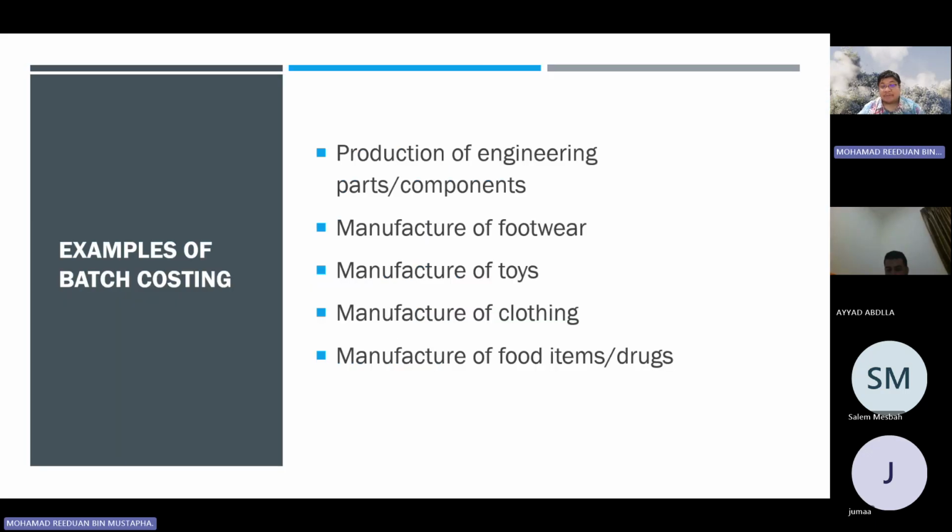Okay, so examples of batch costing could be production of engineering parts or components, manufacturers of footwear, manufacturers of toys, manufacturers of clothing, manufacturers of food items or drugs. All these are examples of batch costing, because we don't produce food in one piece.